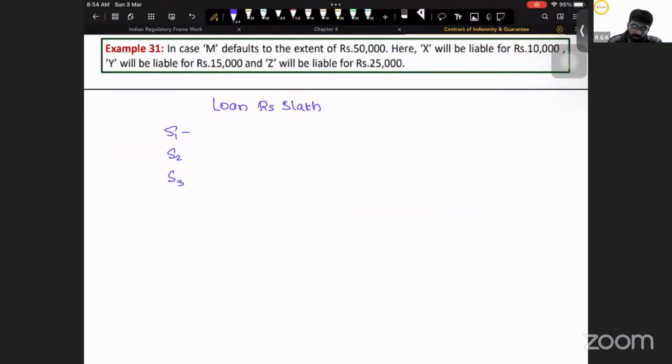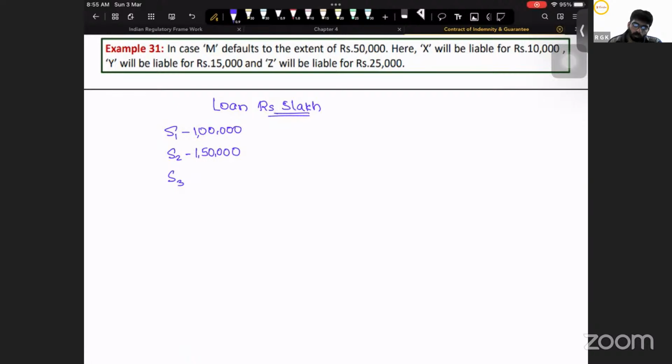Surety 1 says his liability will be limited only to the extent of 1 lakh. Surety 2 says his liability will be limited only to the extent of 1,50,000. So they have limited their amount. Now how to appropriate this 5 lakh rupees among them?